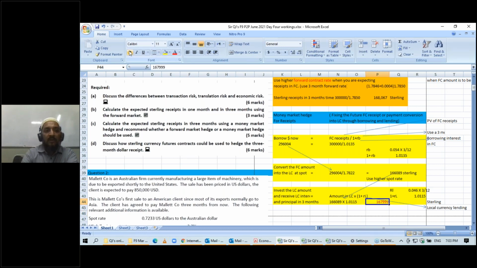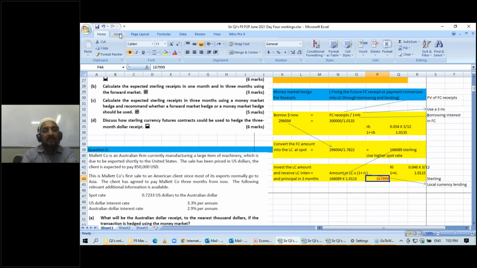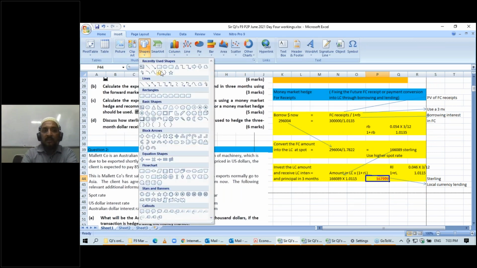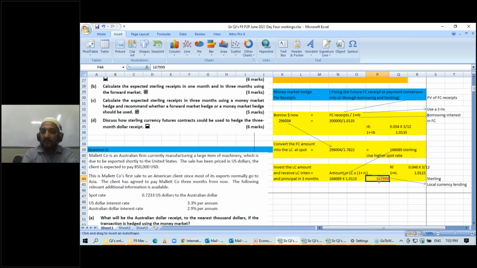So this amount in red is the local currency amount that you will receive in 3 months time, which is fixed, and it is hedged. So they will ask you for this amount. Remember, this amount was asked from you in the question, right?